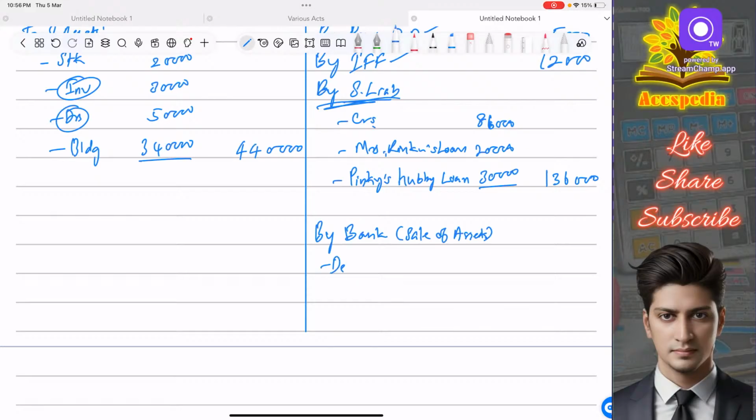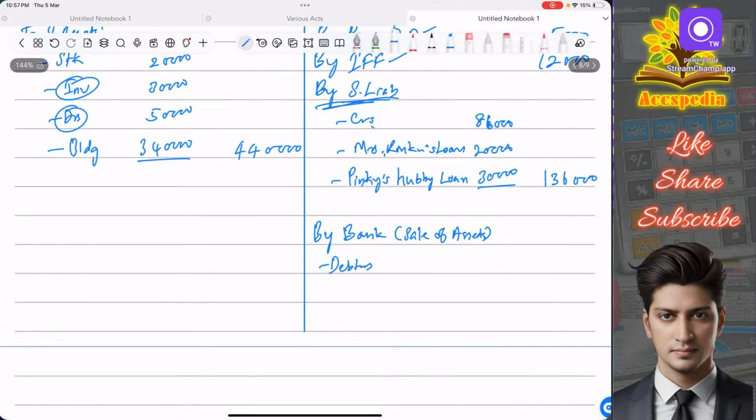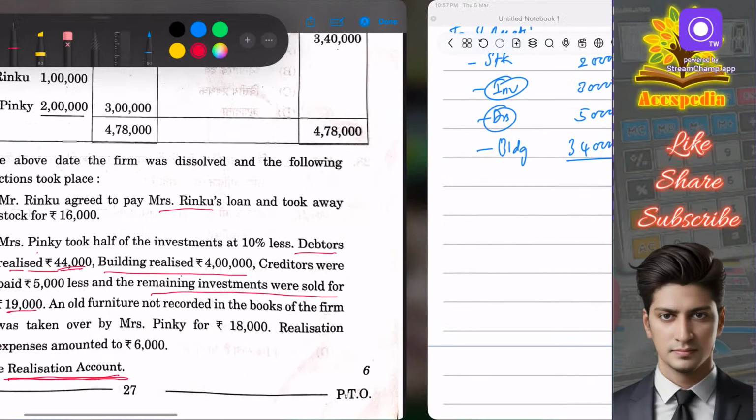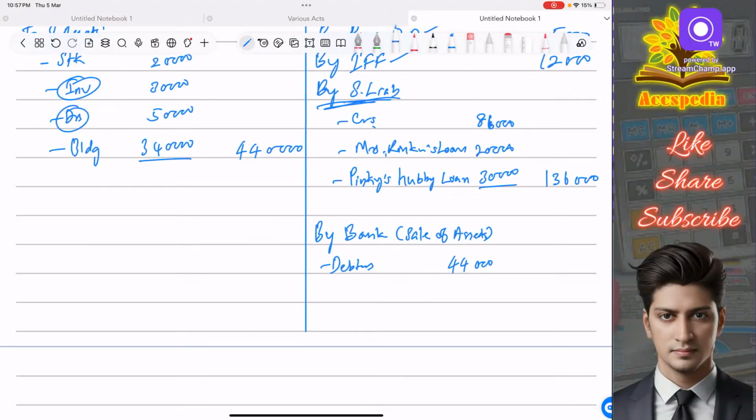So debtors realized 44,000. And then we realized building 4 lakh.